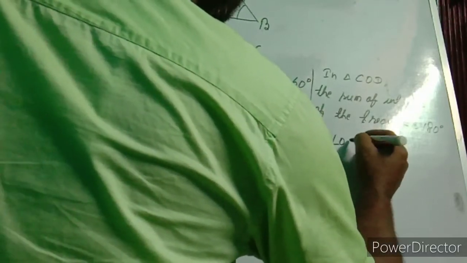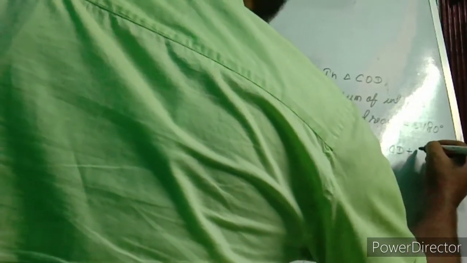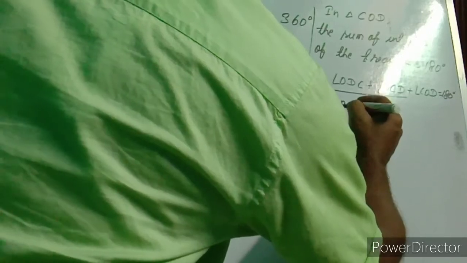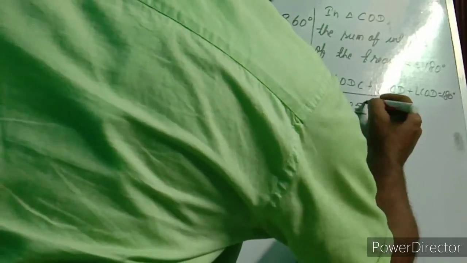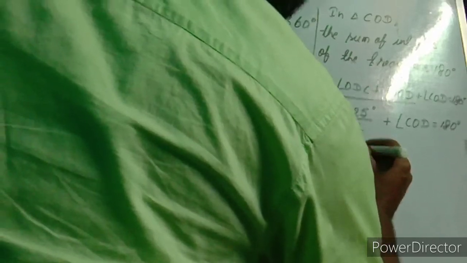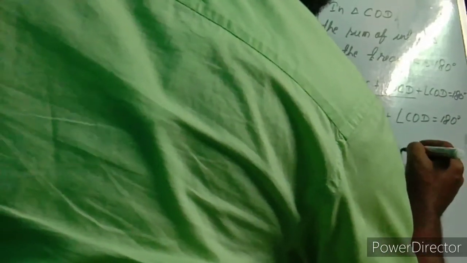So angle ODC plus angle OCD plus angle COD equal to 180 degree. These two sum we have, that is 225 by 2. So at these two places we can write 225 degree by 2 plus angle COD equal to 180 degree. Therefore angle COD equal to 180 degree minus 225 degree by 2.